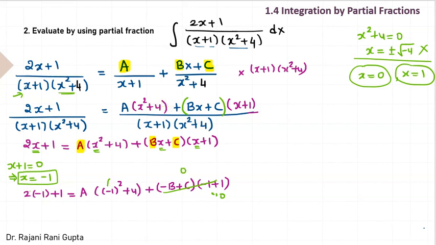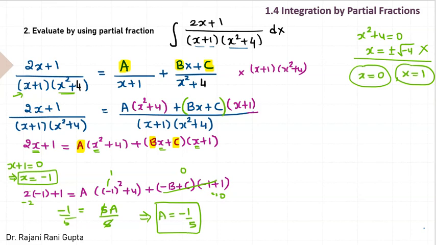Minus 1 to the power 2 becomes plus 1. So 1 plus 4 gives you 5a. And on the left side, minus 2 plus 1 gives you minus 1. Dividing both sides by 5 gives you a equal minus 1 over 5.